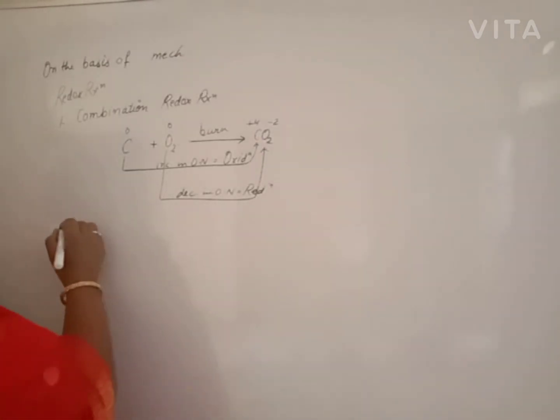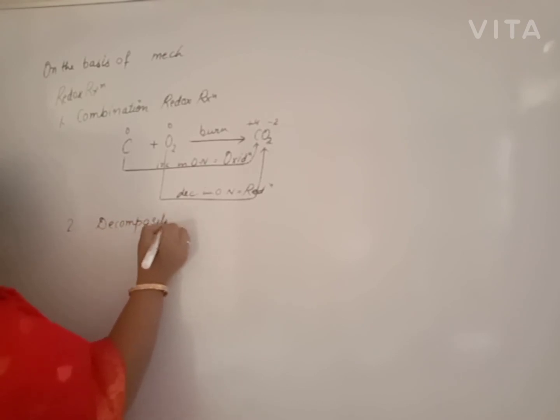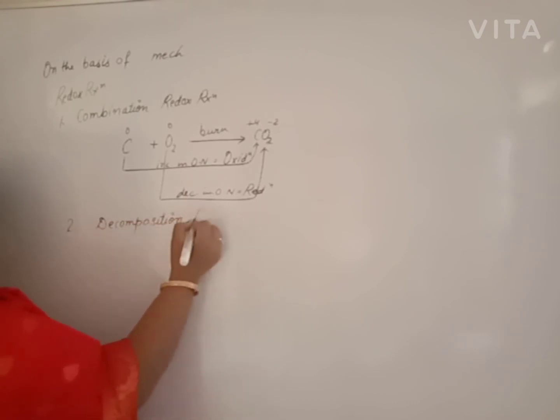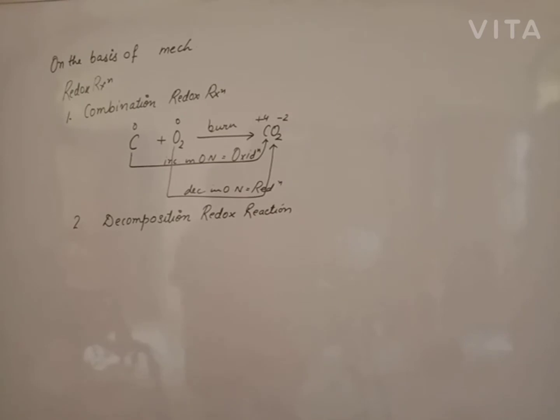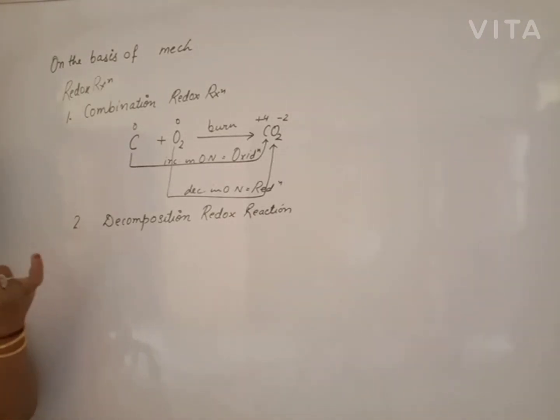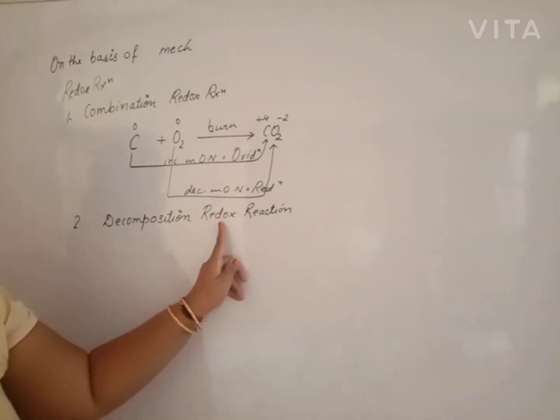Second, decomposition redox reaction. Decomposition redox reactions are those reactions in which a single reactant breaks down into two or more compounds by undergoing change in oxidation number.